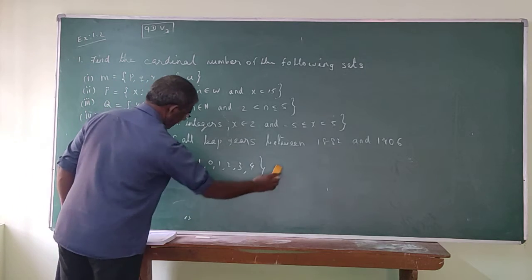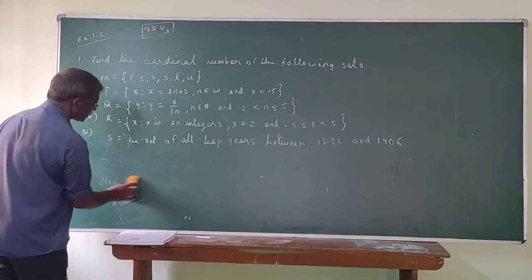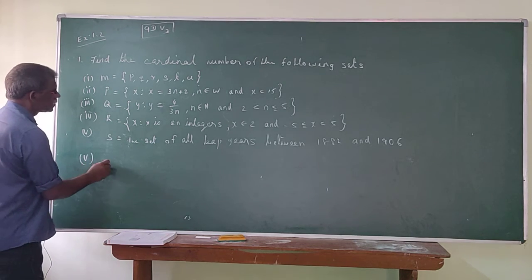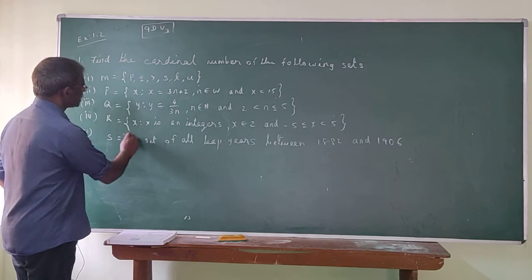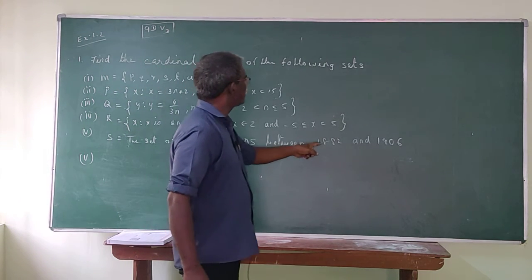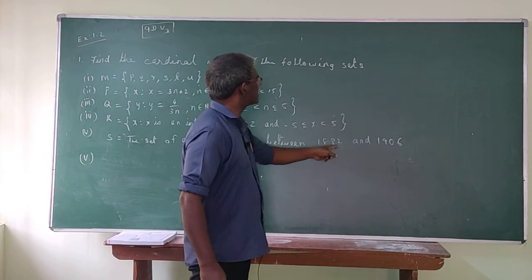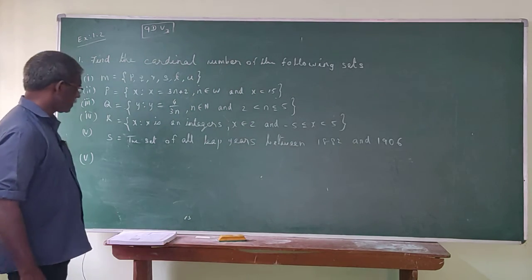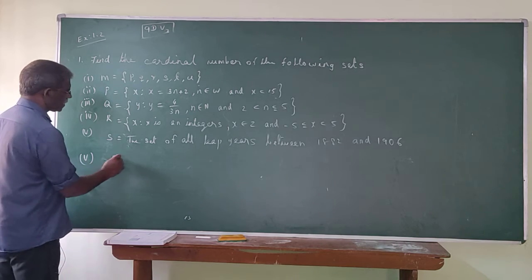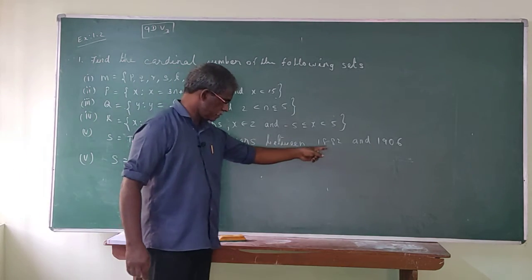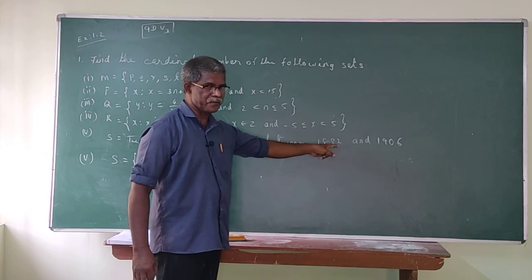Then question number 5. Here the set of all leap years between 1882 and 1906. So the answer S is equal to, so here 1882 is not a leap year, since 82 is not divisible by 4.